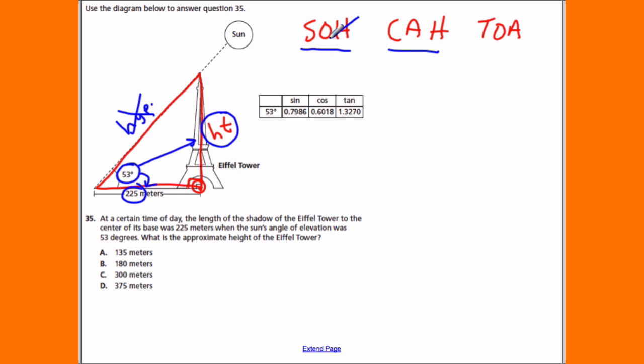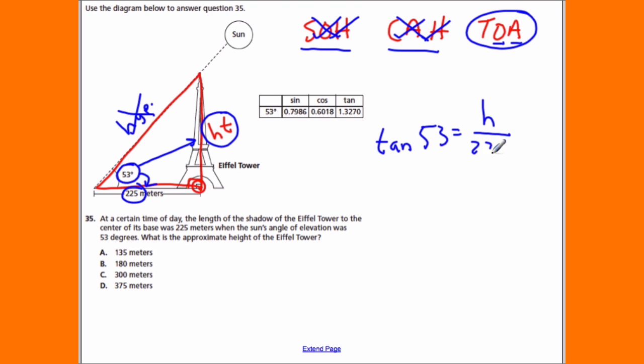I'm not dealing with the hypotenuse, so I don't have to worry about either one of those. That leaves us with the tangent. So the tangent of the angle, which is 53 degrees, is equal to the opposite over the adjacent. So opposite is h for height over the adjacent, which was the 225.